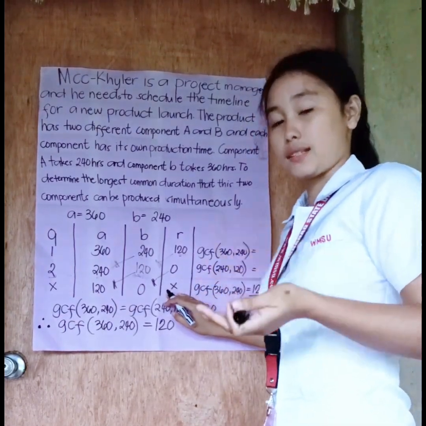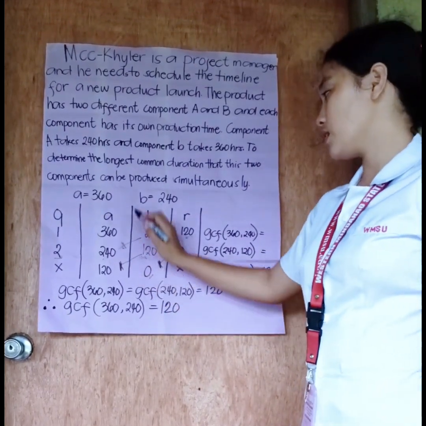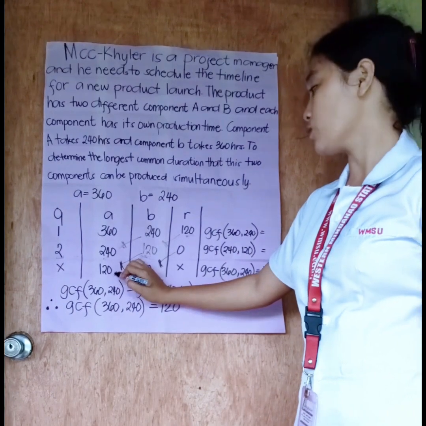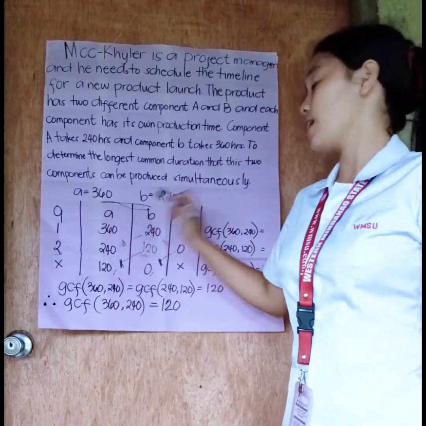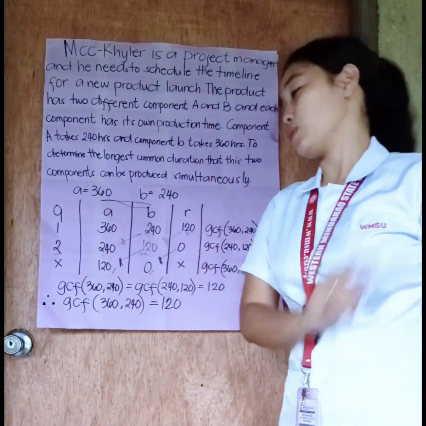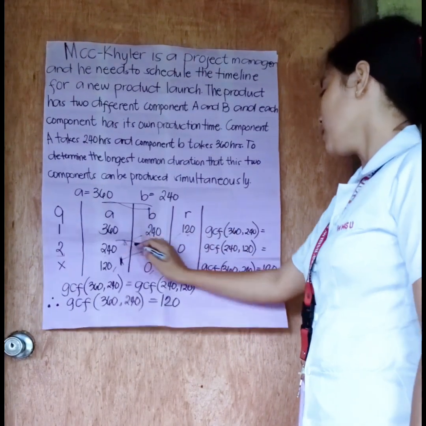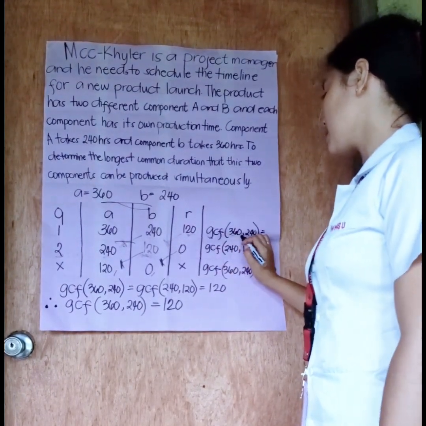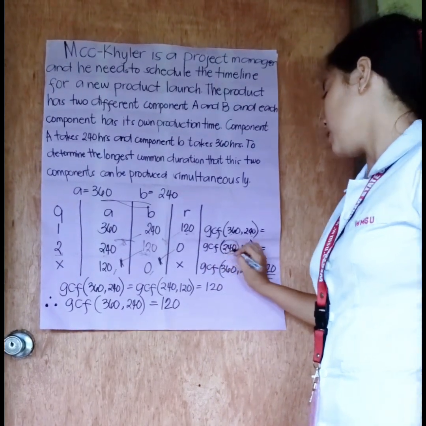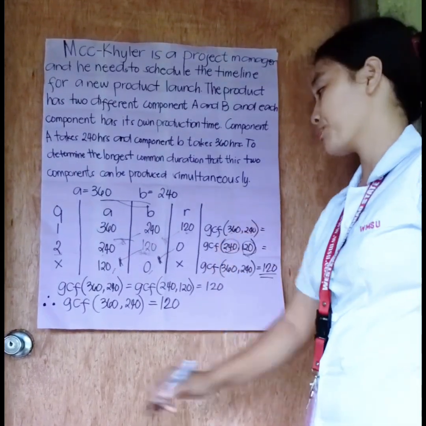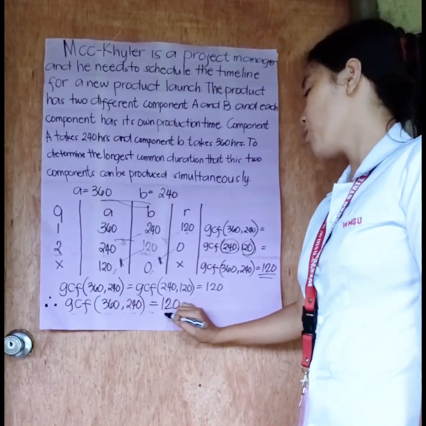Since our B here is 0 and our A here is 120, therefore the greatest common factor of 360 and 240 is 120. So the greatest common factor of 360 and 240 is also equal to the greatest common factor of 240 and 120. Therefore, the greatest common factor of 360 and 240 is equal to 120.